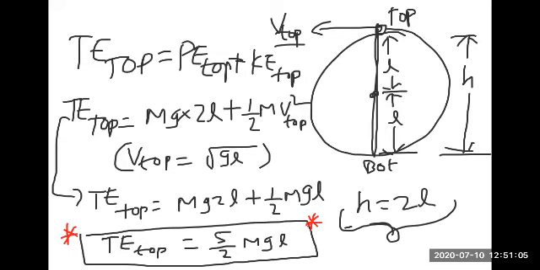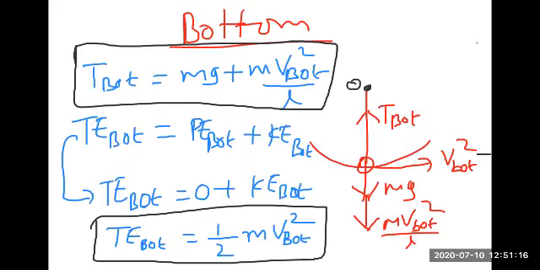Now, let us check once. Here we got the total energy at the top. Earlier we derived the total energy at bottom as half m v bottom square. Total energy at any point will remain constant from the law of conservation of energy.